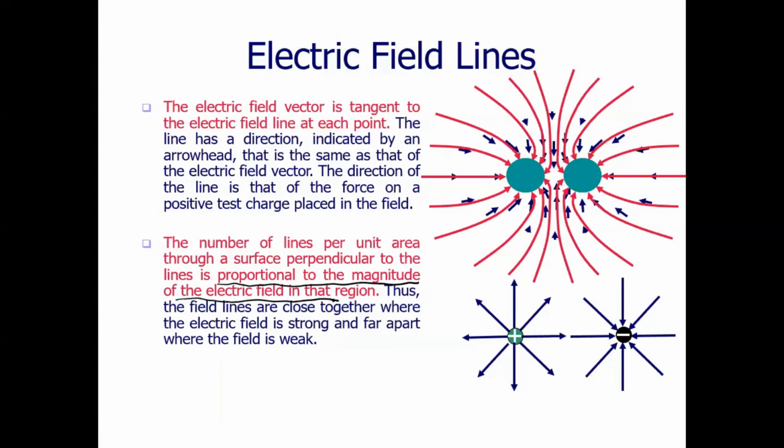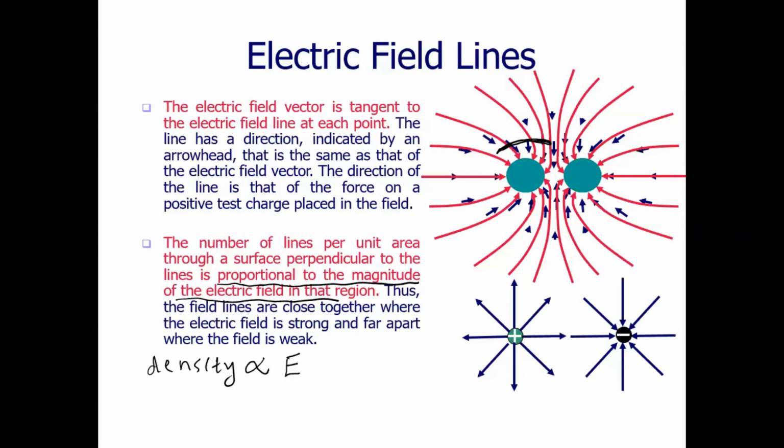So in short, the density of the field lines is proportional to the electric field. Where you have more field lines closely spaced together, the electric field is bigger there.